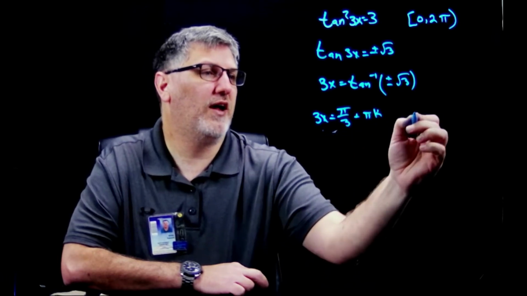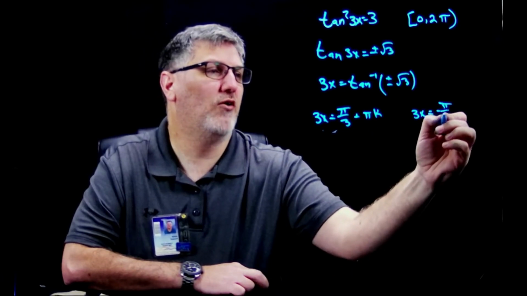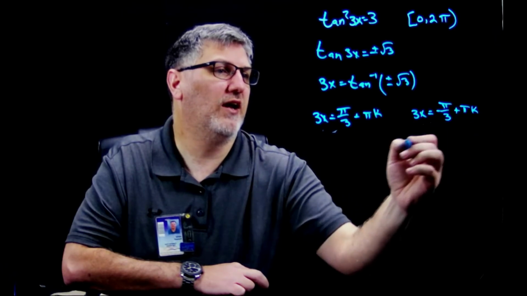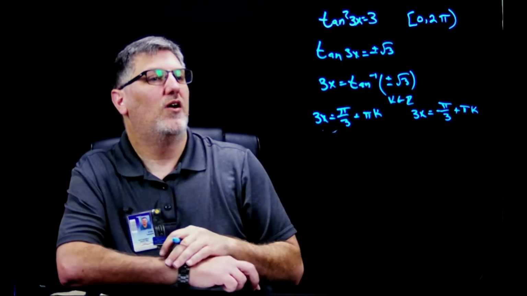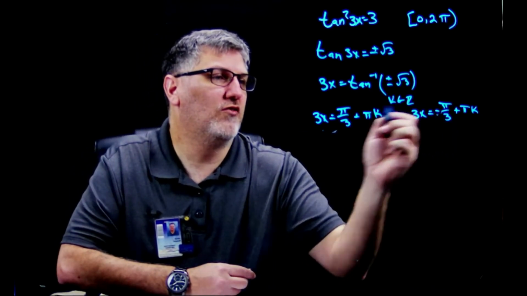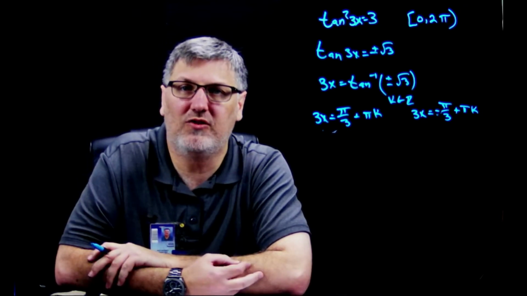And then I'm going to have 3x equals negative pi over 3 plus pi k. And of course, k is an element of the integers. Okay, so these are my general solutions using the unit circle, using the domain restrictions of arctangent.